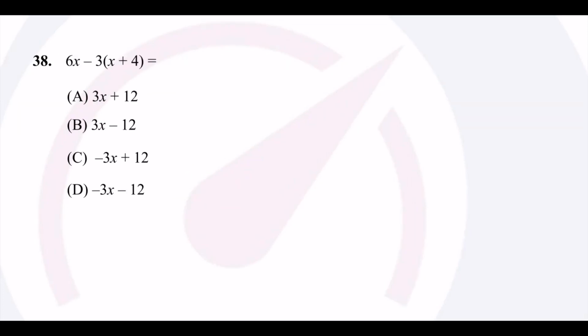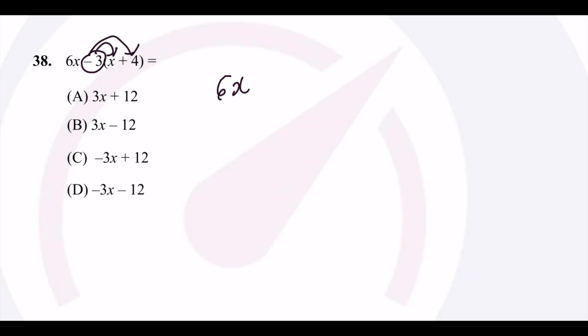So we have 6x minus 3 times x plus 4. We're going to apply the distributive law. So we put back our 6x. Now note that it is negative 3, and that's going to multiply everything inside of the brackets.